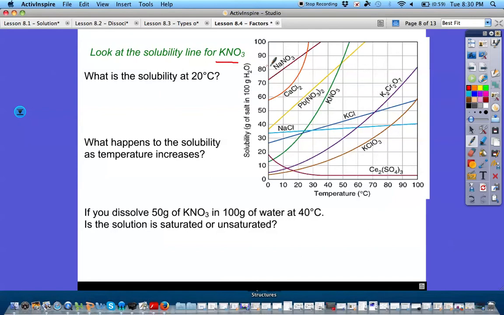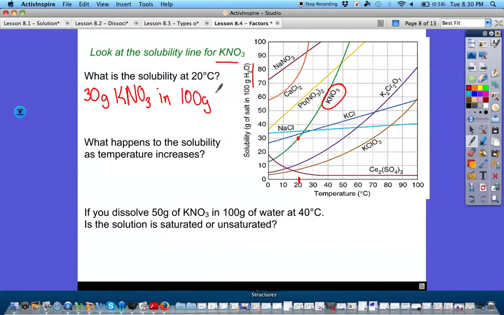For potassium nitrate, here is potassium nitrate. We want to know what the solubility is at 20 degrees Celsius. So we're going to look here at 20 degrees Celsius, and follow it until it hits the solubility curve for potassium nitrate. The solubility of potassium nitrate at 20 degrees Celsius is 30 grams of potassium nitrate in 100 grams of water.